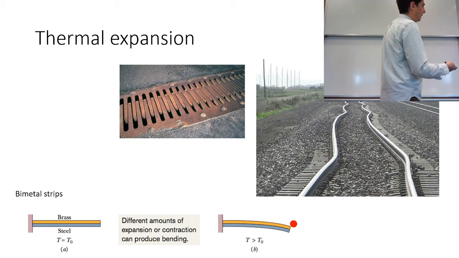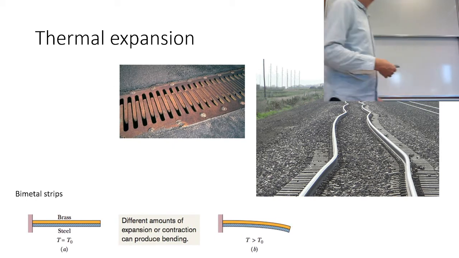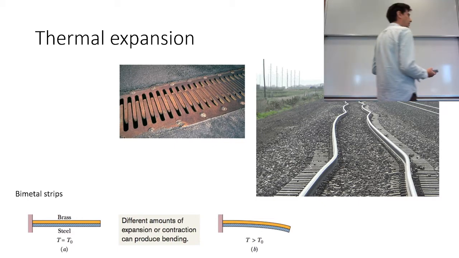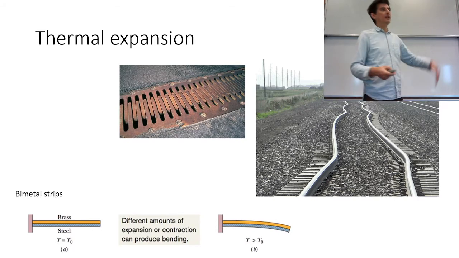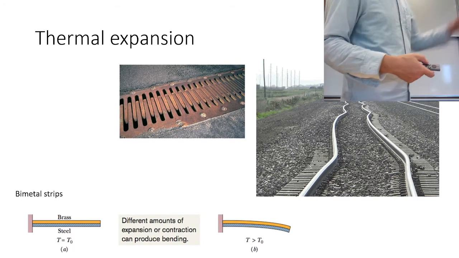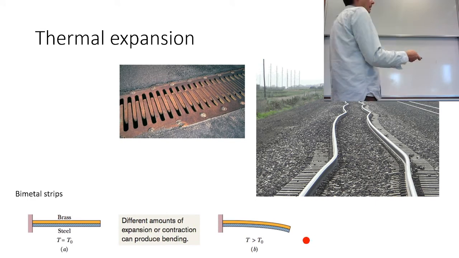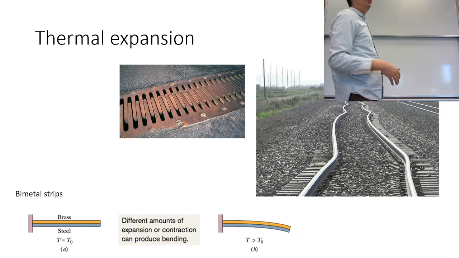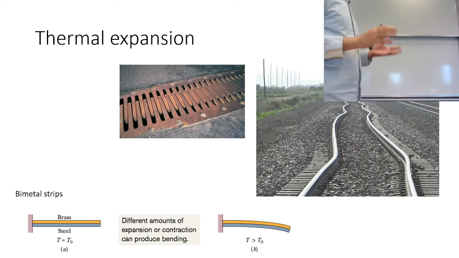This might be used as some kind of temperature switch, so that, say, there's some switch down here that this metal will press, or perhaps it makes electrical contact when the temperature exceeds some value, and this might be some safety mechanism.